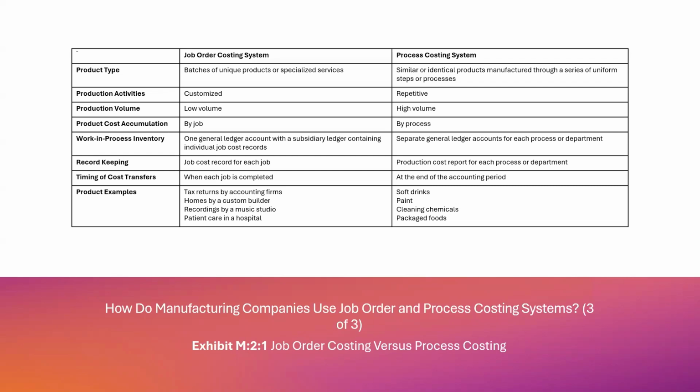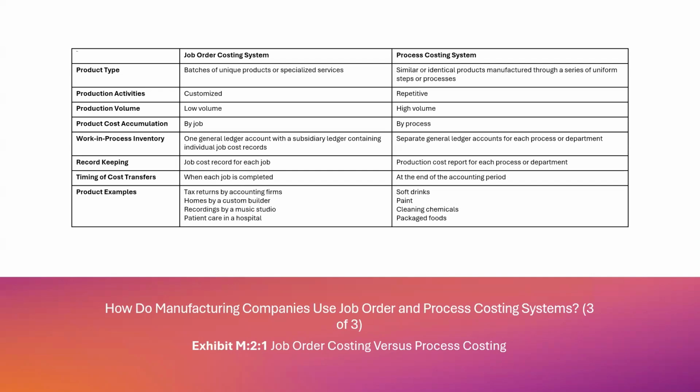Now, some businesses might implement both systems simultaneously. For instance, an RV manufacturer might apply process costing to its standard models while utilizing job order costing for custom build units.